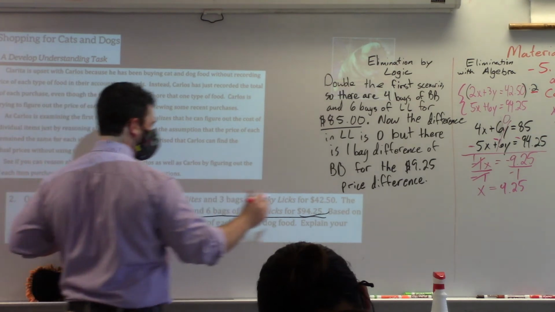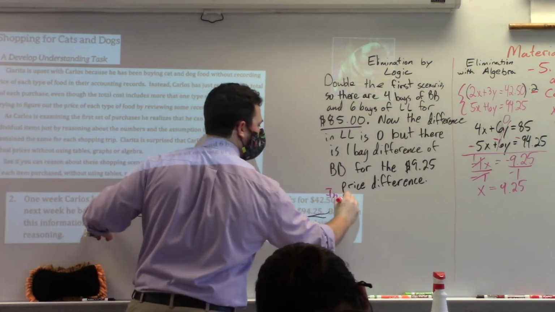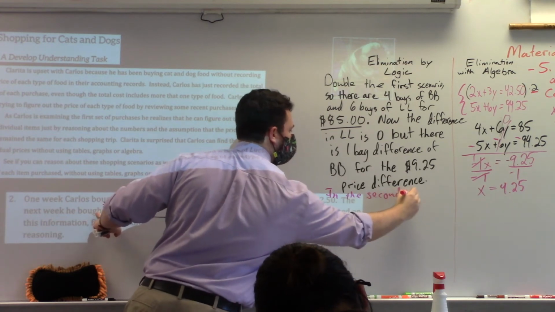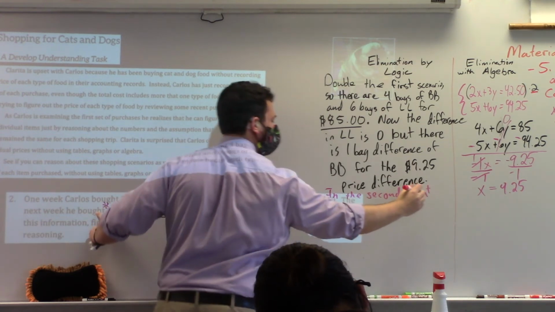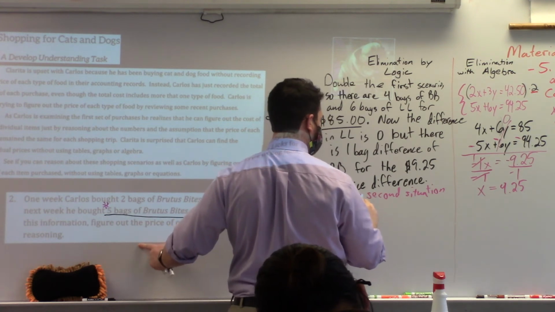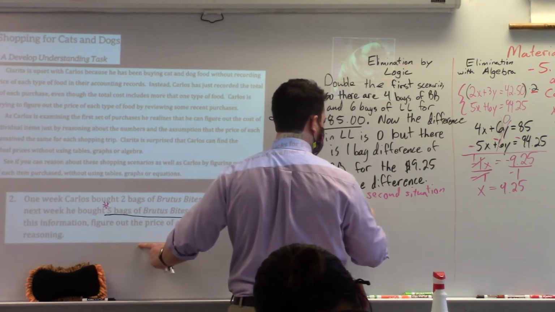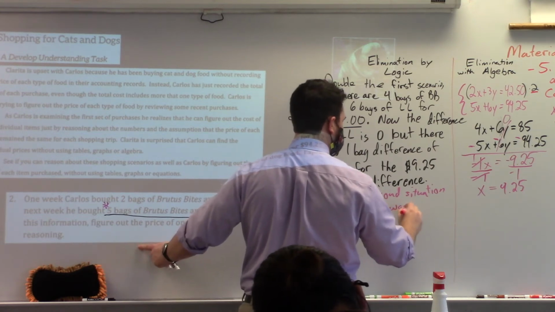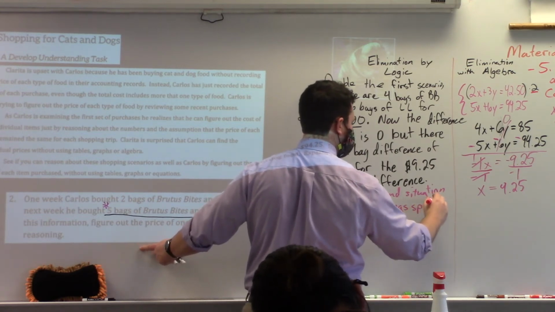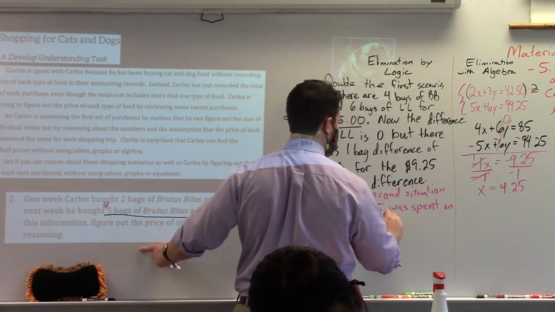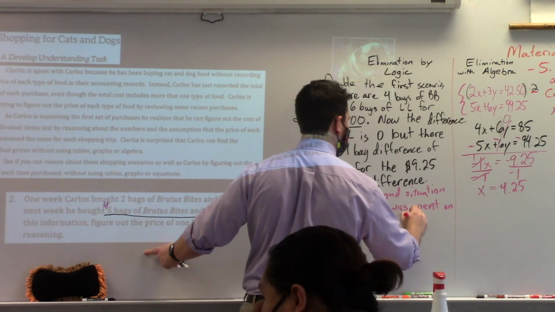So in the second situation, what is that? Please check me on this. $46.25 was spent on Brutus bites, right? You said 5, that's coming from 5 times 9.25.